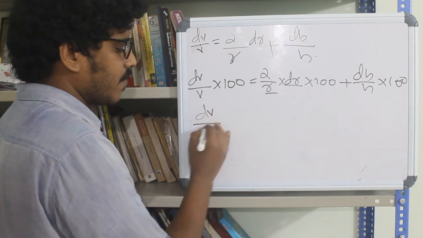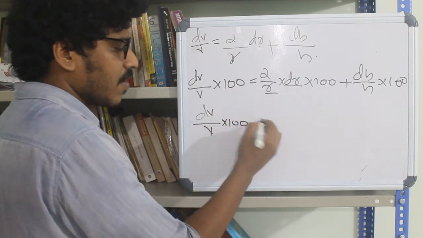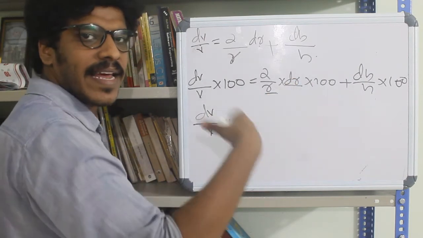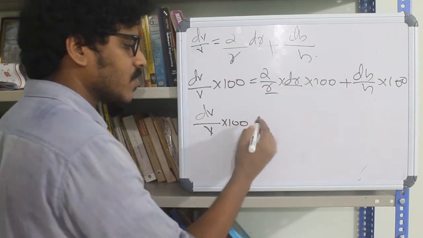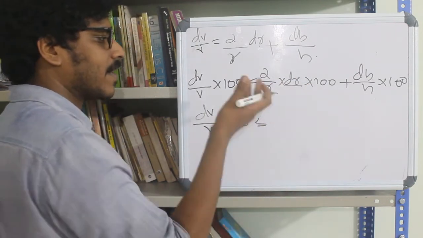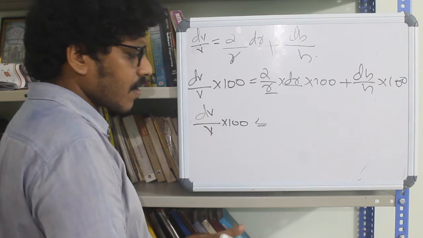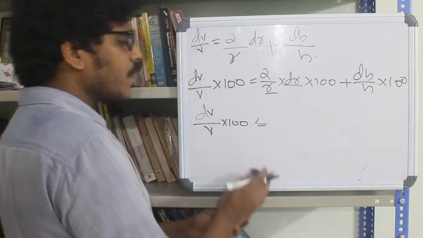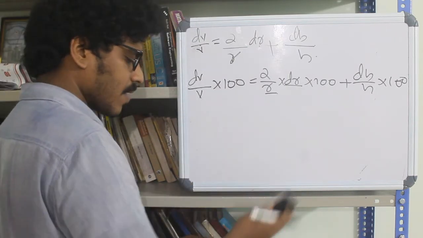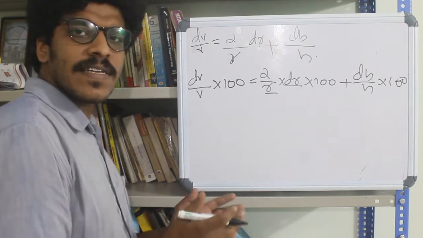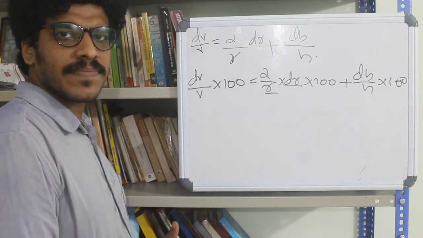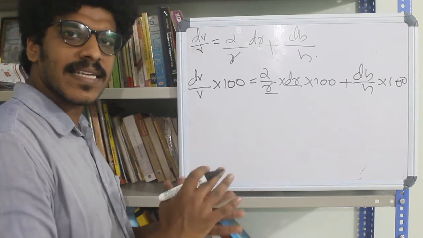So dv by v into 100. We are replacing something with a greater quantity, so we'll have a less than or equal to sign. Or to be a little more precise, we don't know whether this volume increases or decreases, right? We are just estimating the change.